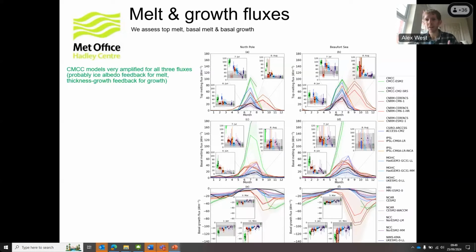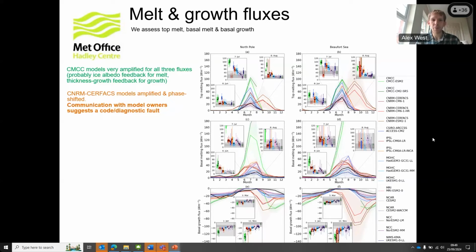And this is interesting because it's physically consistent with what we expect based on these models being very warm and thin. They, of course, have much higher ice growth in winter as well. Again, that's what you expect when you completely melt out all your ice in the summer. It initially grows again very quickly.